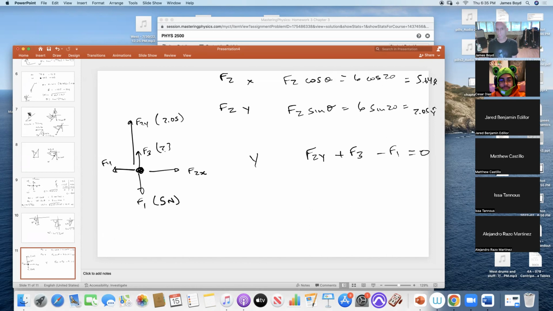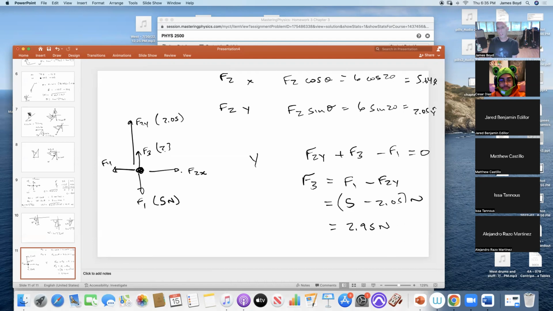So we get 0. F1 is negative because it points down. F2Y and F3 are positive because they point up. We want to find F3. Add F1 to both sides, subtract F2Y from both sides, and we get 5 newtons minus 2.05 newtons. That is 2.95 newtons.